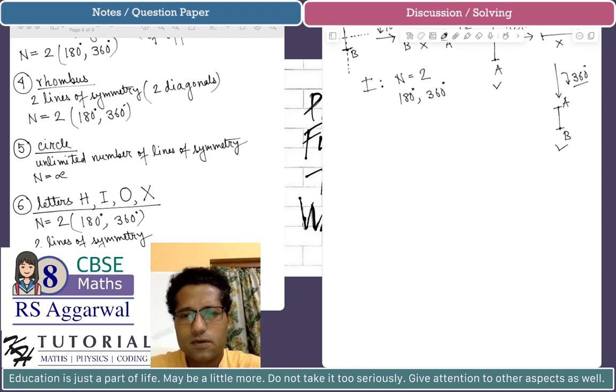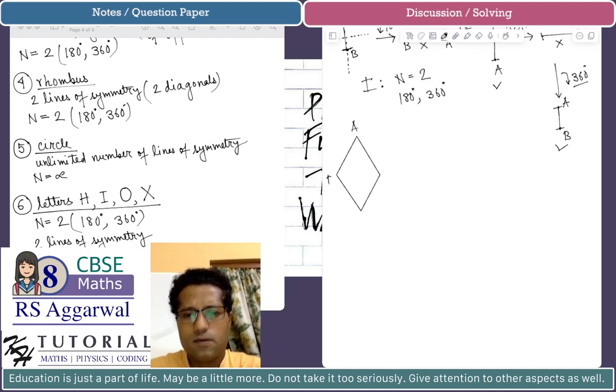So a rhombus can look like, let's say, like this. My diagram may not look perfect, but I am trying my best. So this is a kind of rhombus, A, B, C, D. So the lines of symmetry of the rhombus are the two diagonals AC and BD.